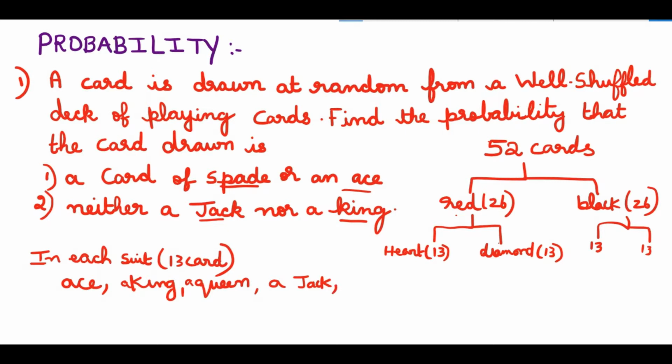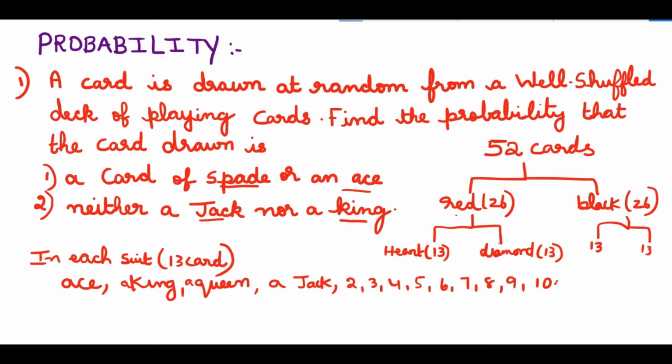Also we have cards numbered from 2 to 10, that is 2, 3, 4, 5, 6, 7, 8, 9, 10. So a total of 13 cards are there.